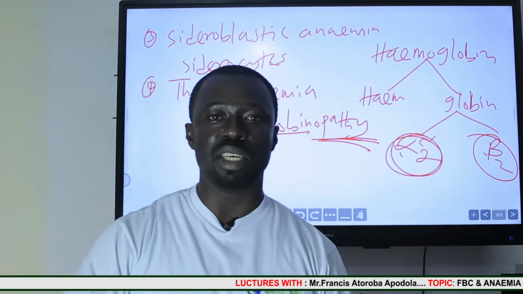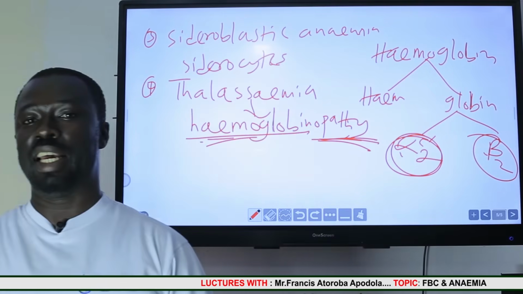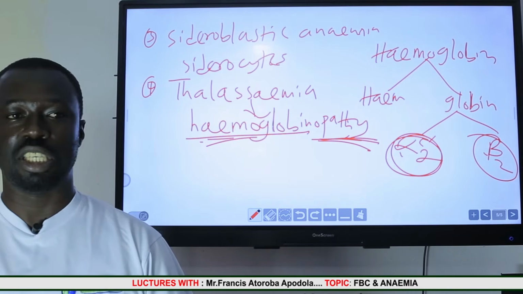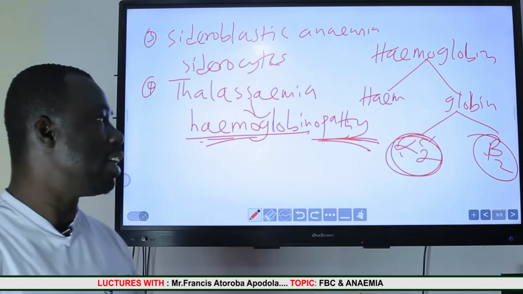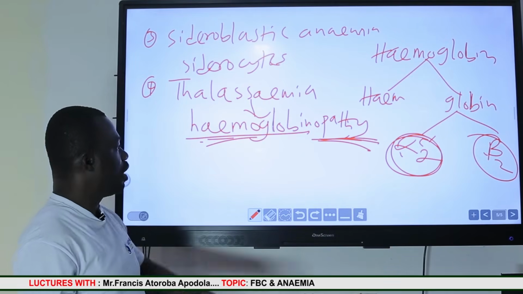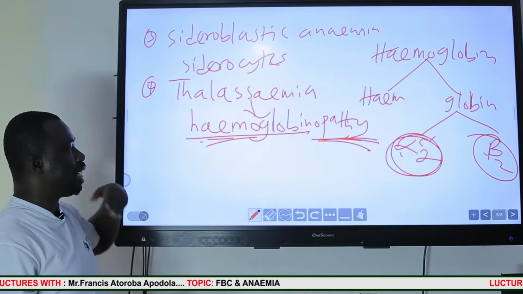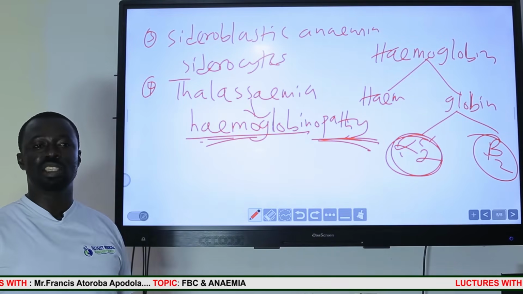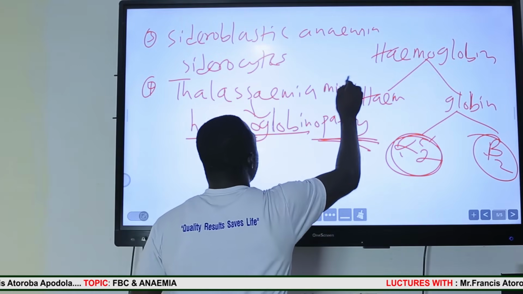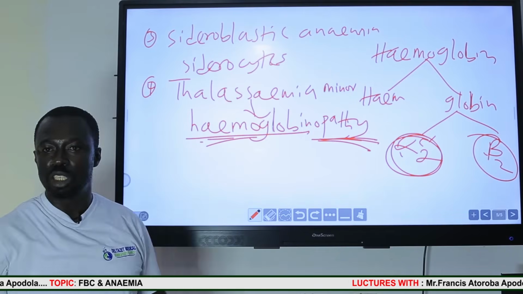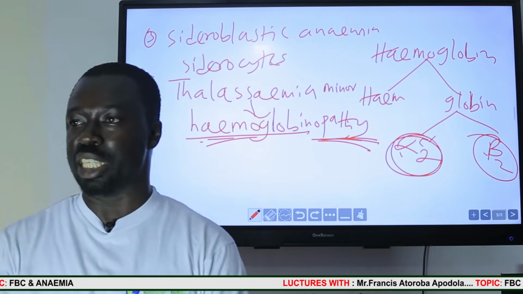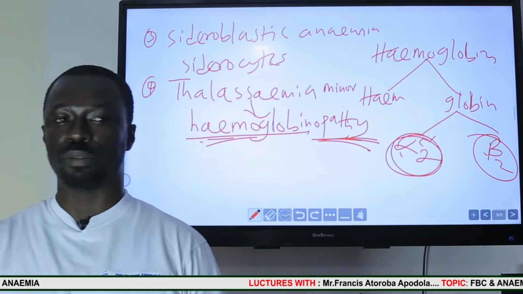So thalassemia is a genetic disorder where there is a reduction in the production of globin chains. There are various types of thalassemia. We have thalassemia minor and thalassemia major. Thalassemia minor is the one that displays the features of microcytic anemia morphologically.